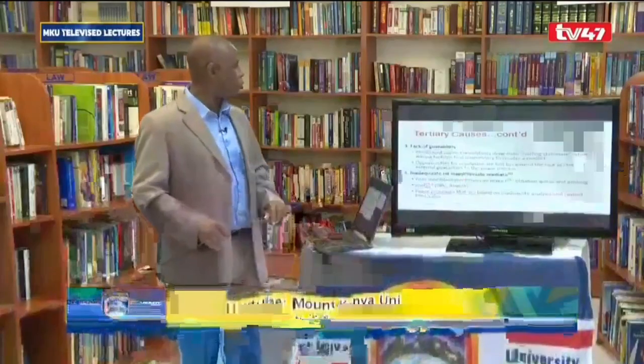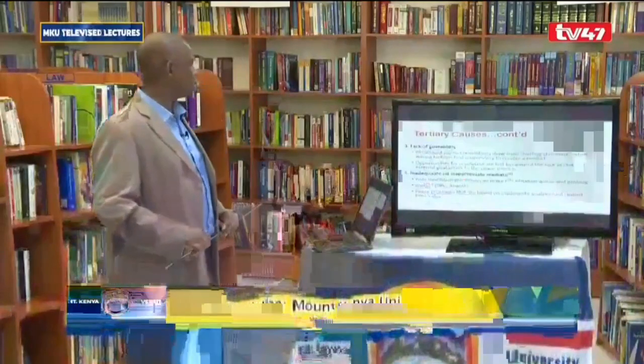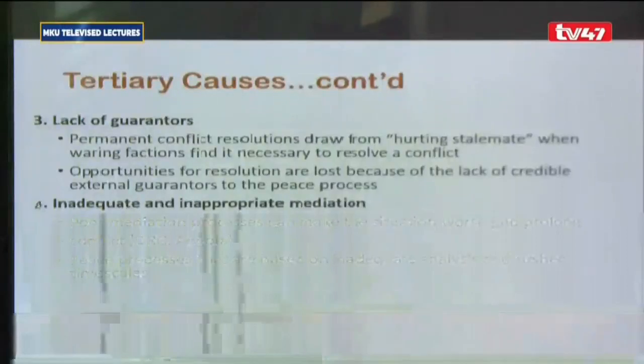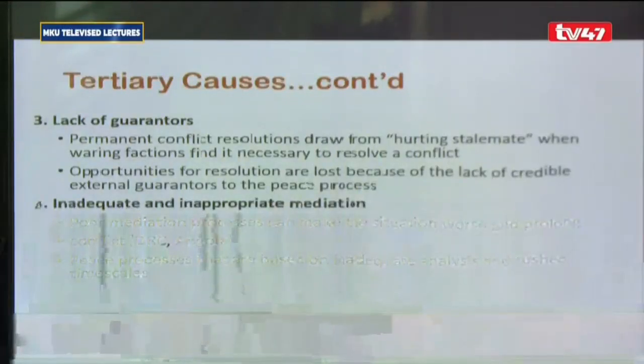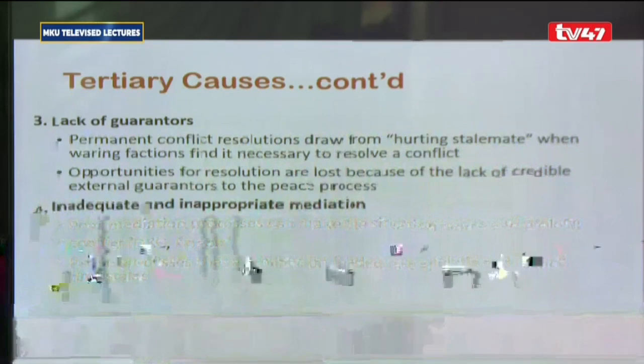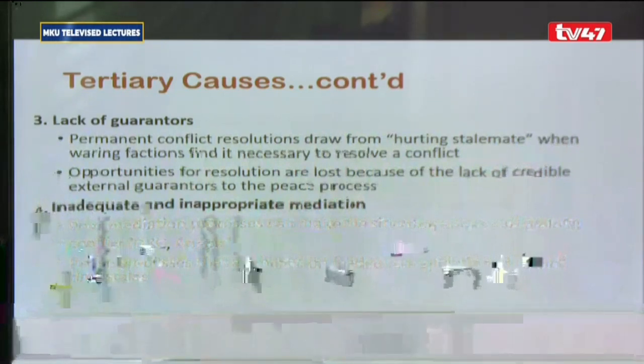Then the final tertiary cause of conflicts is the lack of guarantors. When we have groups of people who have even agreed to resolve their conflicts, many times we lack institutions or groups of people who can support them. The international community through the United Nations, and in Africa the African Union, contributes to this, but sometimes they don't have the capacity to resolve those conflicts.